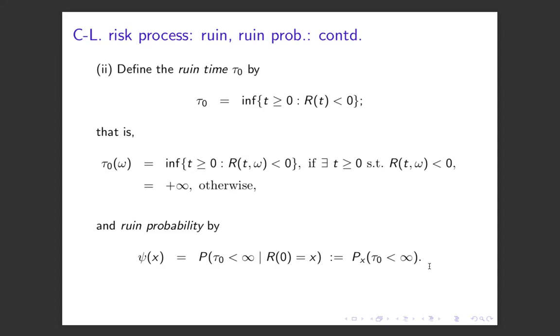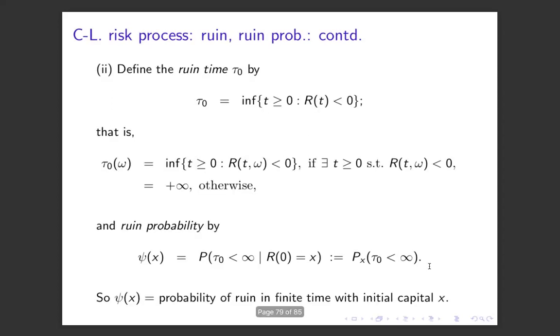Please note it down if you want. So psi of x is the probability of ruin in finite time with initial capital x. So tau 0 less than infinity means ruin is happening at some finite time.